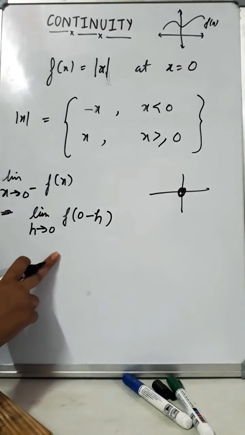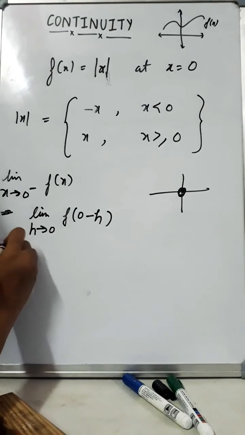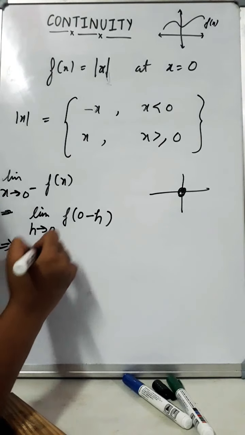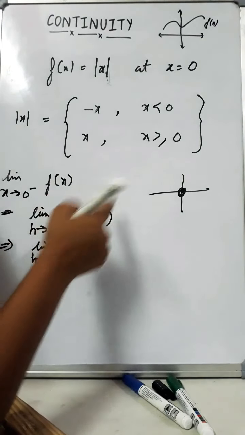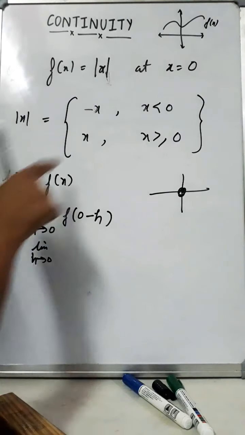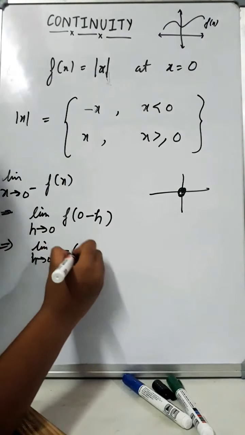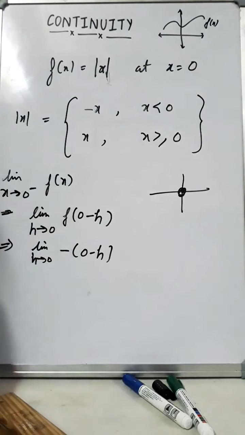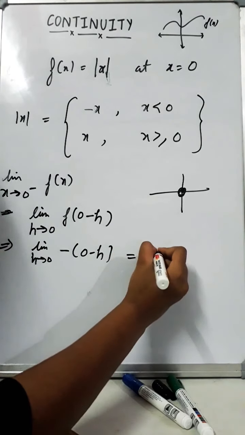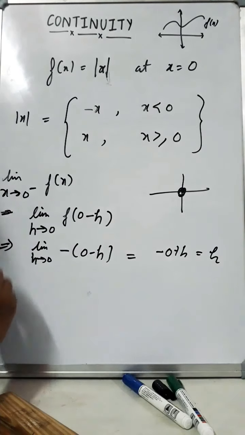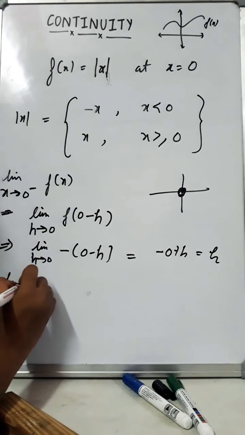I hope you remember this thing. Now you'll solve this. This gives you limit h tends to 0 of what? For less than 0, 0 minus means less than 0, your value is minus of x. So it gives you minus of (0 - h), right? So it's minus 0 plus h. So it's h, alright?